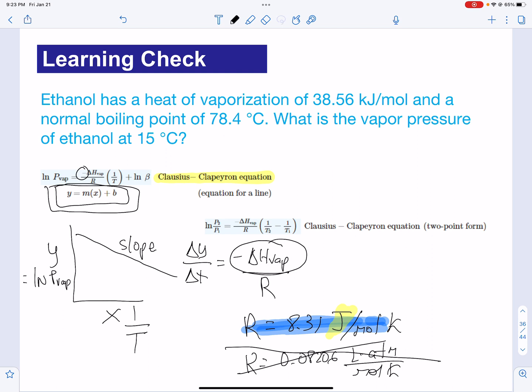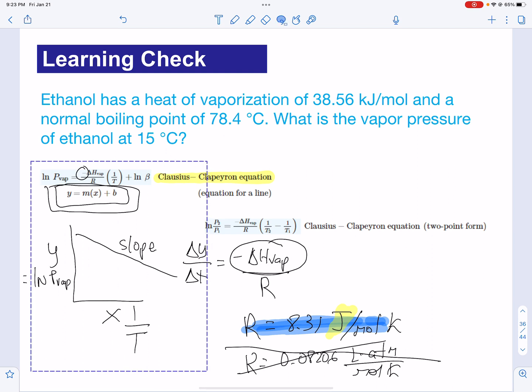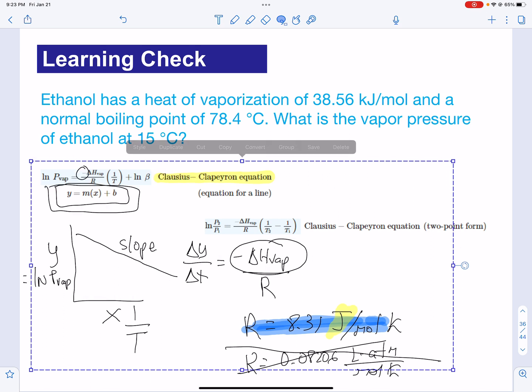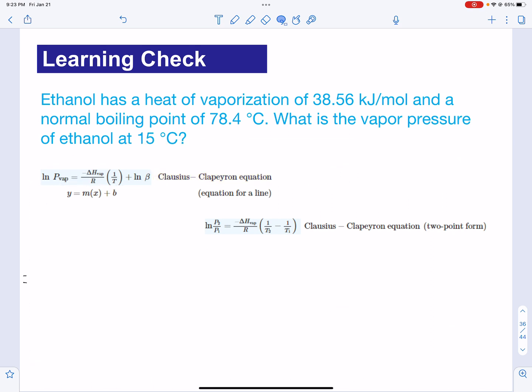What about the second way? The second way of expressing the Clausius-Clapeyron formula is by using 2 points, by using pressure 1 and temperature 1, and pressure 2 and temperature 2.